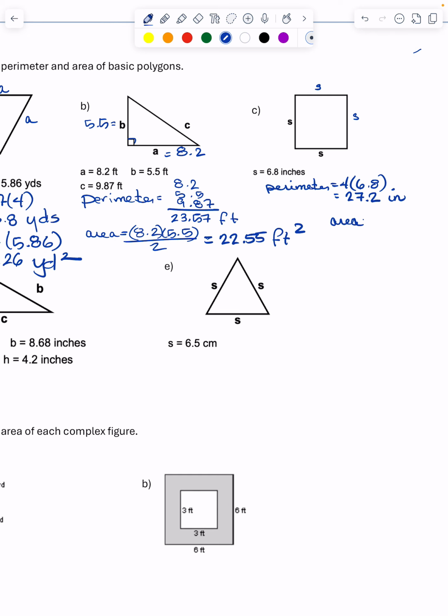Area of a square is length times width, or side times side. So we are going to take the length of our side, that's 6.8, and multiply it by itself. And we get 46.24 square inches, or inches squared.